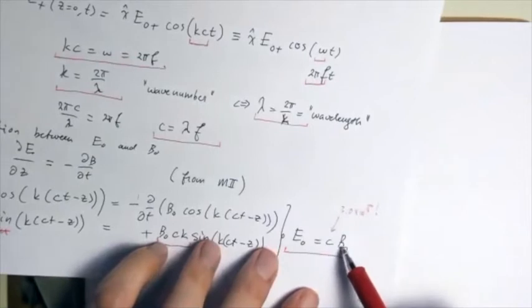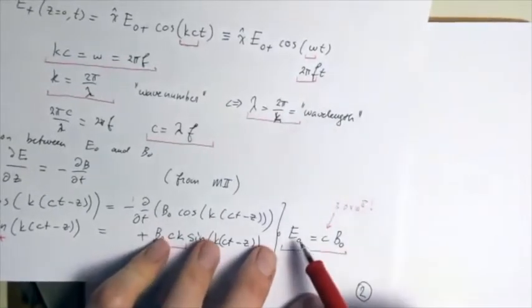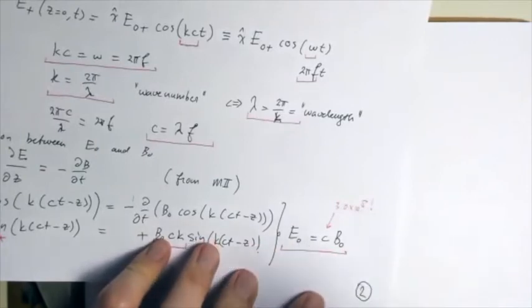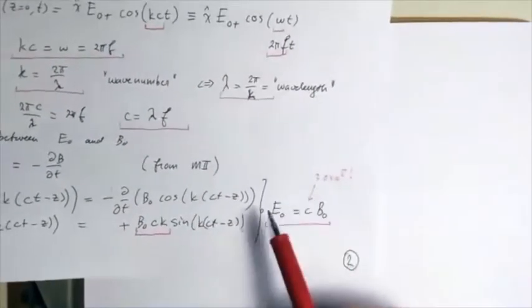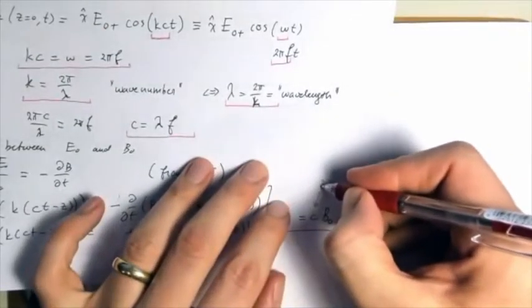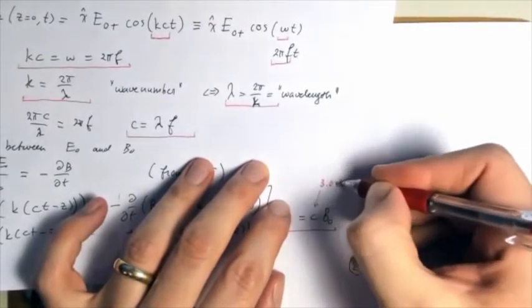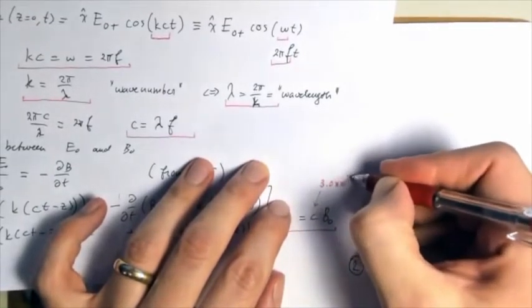So usually the magnetic field component is much, much smaller than the electric field component for an electromagnetic wave. Now, that is the case in SI units, which are the types of units that we're using. And in that case, that's the case.